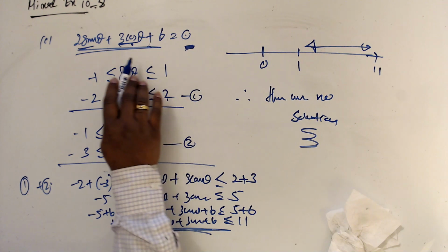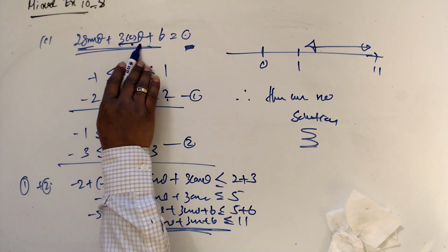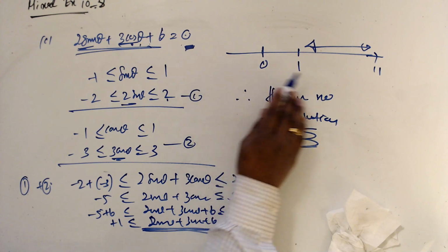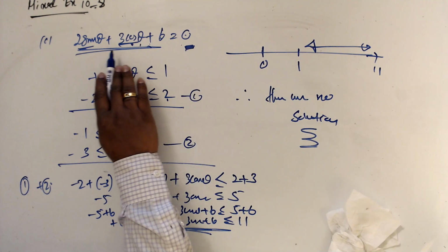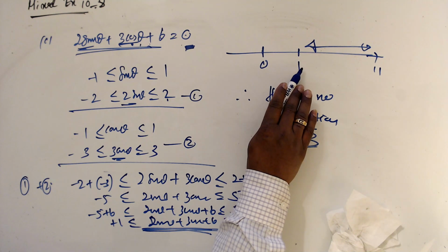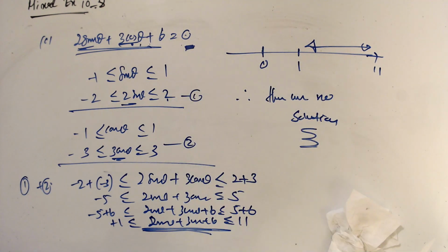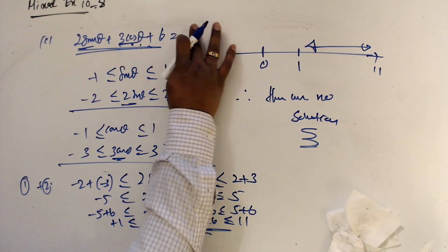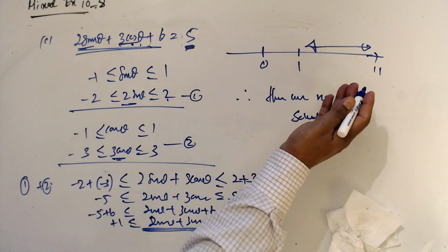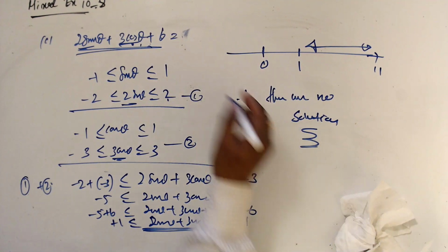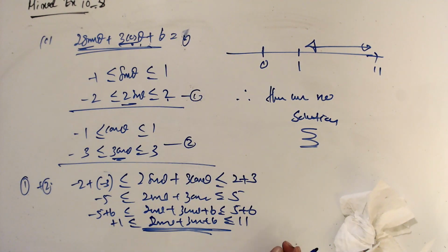Another way: you can't find a theta value which gives 0. You can find a theta value where the right-hand side is in between 1 and 11. If I write 5, yes, it works. You can find a theta value. But for 0 it doesn't work.